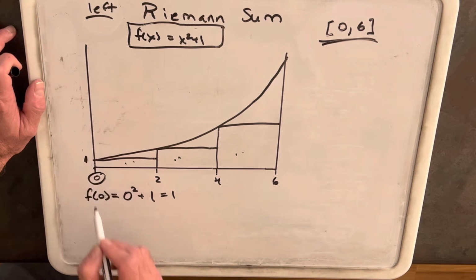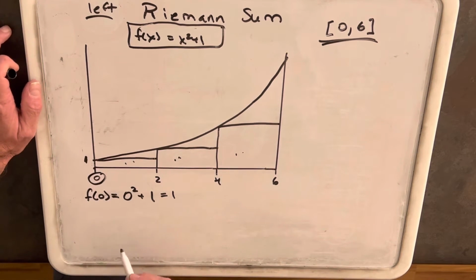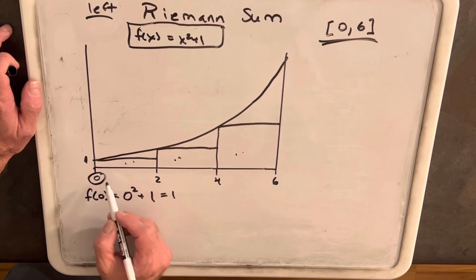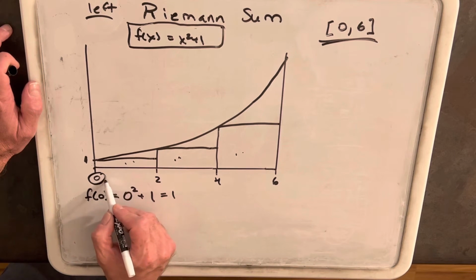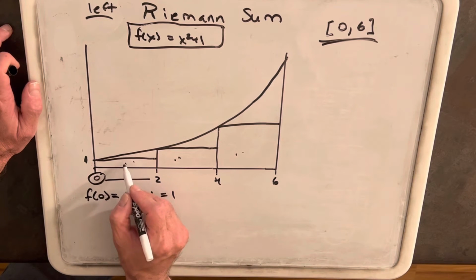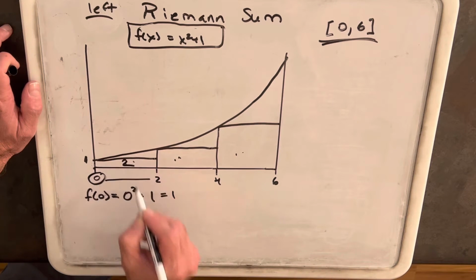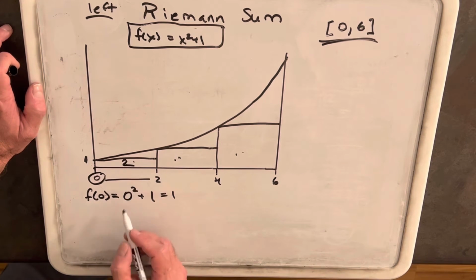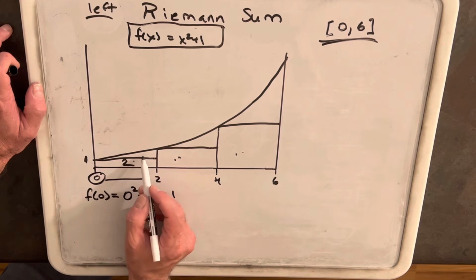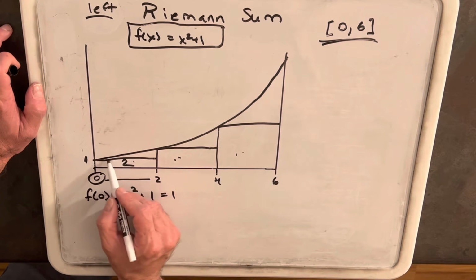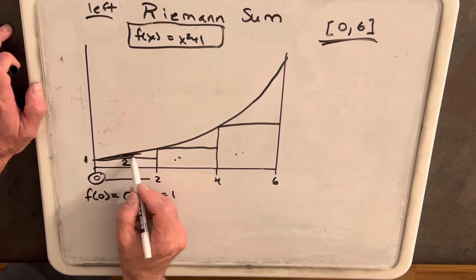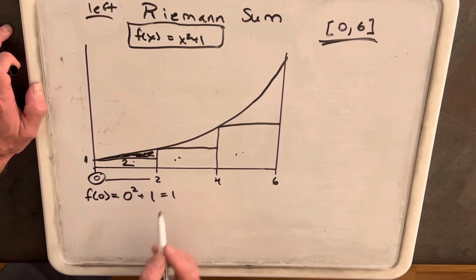So this value right here is 1. So therefore the area of this rectangle is going to be a width of 2 and a height of 1. So this area here is going to be 2. So you can kind of see that that's not too bad, but that's going to be an underestimate of the area under this curve, which should include this part right here, and it doesn't.